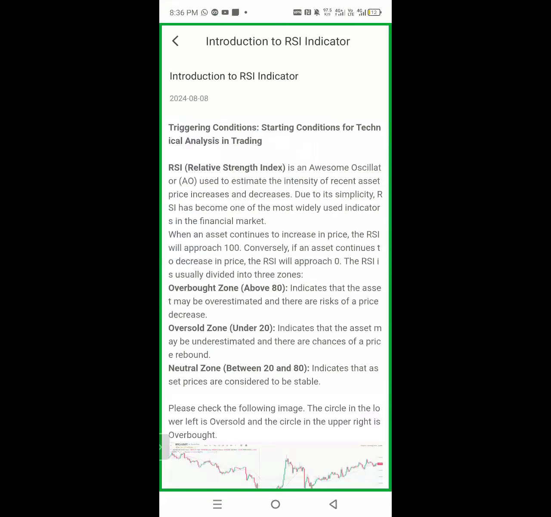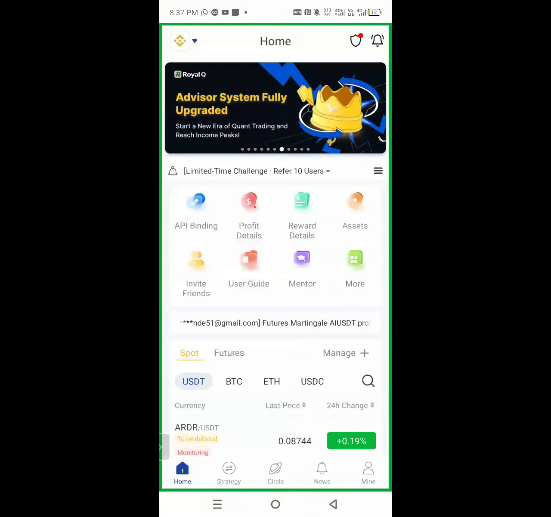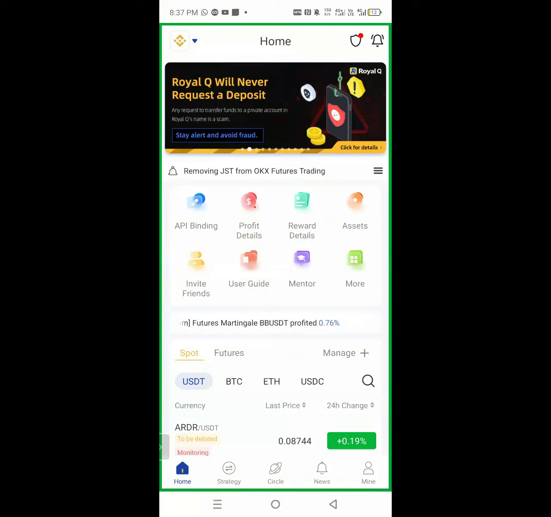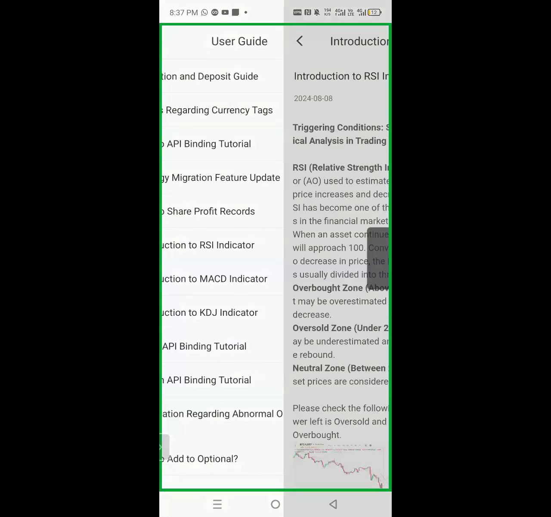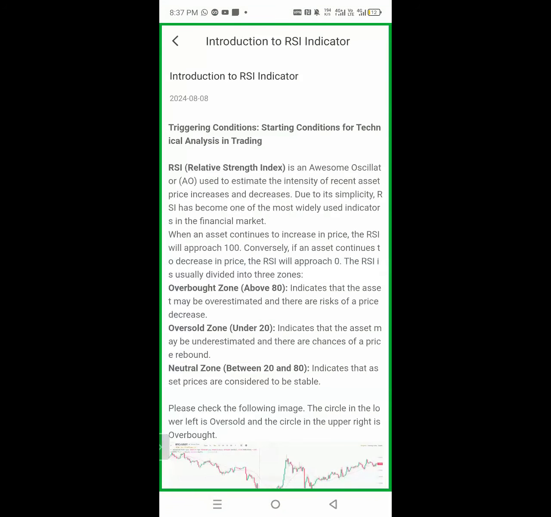So our introduction to RSI. All this knowledge is in the RoyalQ app. You see why the RoyalQ app is an amazing company. They provide you with all the knowledge. So we'll be talking about the introduction to the RSI indicator. Triggering condition.